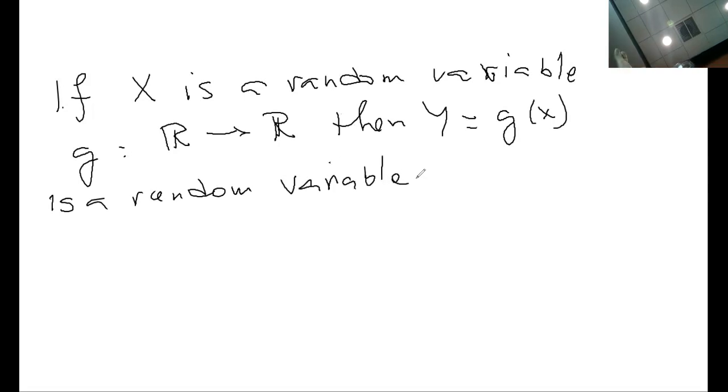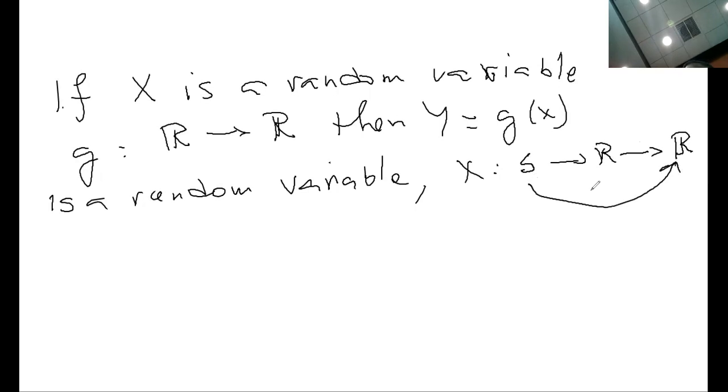Remember that a random variable is just a transformation from the set of outcomes S to the set of real numbers. So we say that X is from S to R, and g is from R to R. So you see what g does. It takes X, whose values are a subset of R, to R. So it's like a composition of functions.